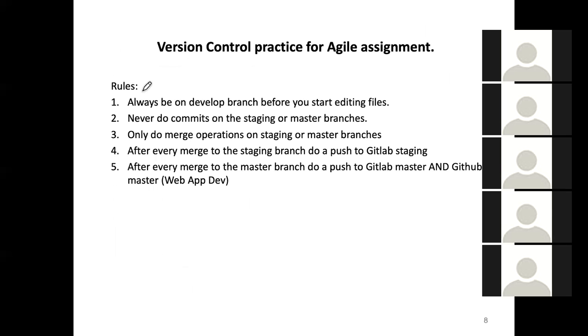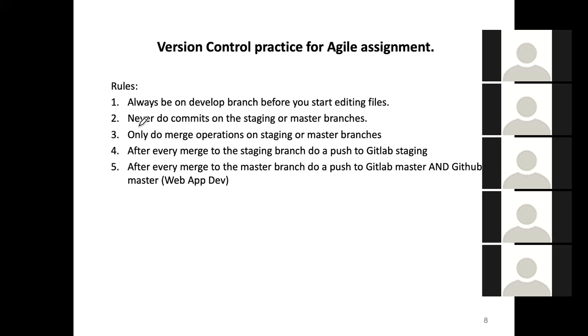Number one, you always should be on the develop branch before you start typing anything into your files, before you start doing any type of editing. Make sure you're on the develop branch. Never do commits on the staging or master branch, which is the corollary of this.